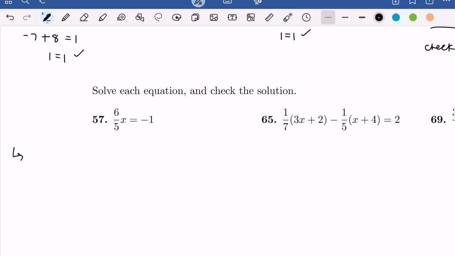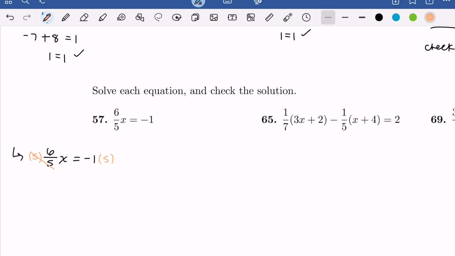So what's happening here is we have 6 over 5 multiplying x, or another way to think of this is that we're multiplying 6 times x and then we're dividing that by 5. So what we can do to undo this here is we can first multiply both sides of our equation by this 5 here. So we're kind of undoing this division by 5.